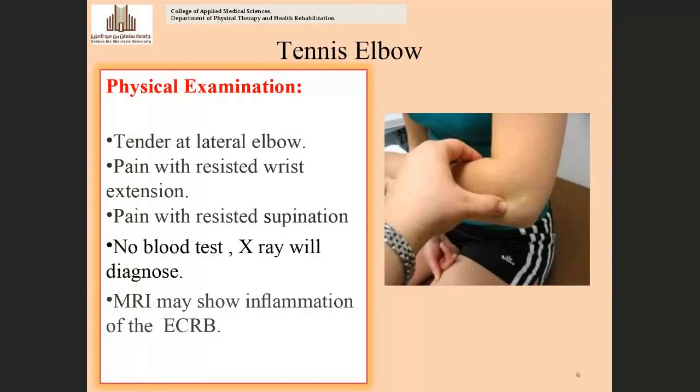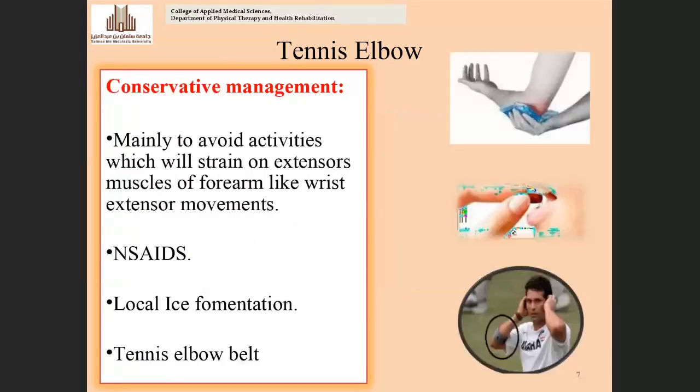There is no need of any special blood investigations, and x-rays also will not be needed for such patients because it is a soft tissue injury problem. If required, we can suggest the person for MRI, which shows inflammation of the extensor carpi radialis brevis muscle. So there is no need of any blood or x-ray investigations for tennis elbow persons.